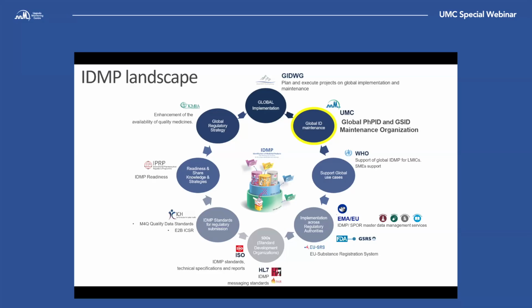It's about global implementation, but I will just briefly say that, and then Julia will explain more in the coming slides. Then we have the UMC, and in this capacity, we are providing the global PhPID and global substance ID as the maintenance organization for those global IDs.